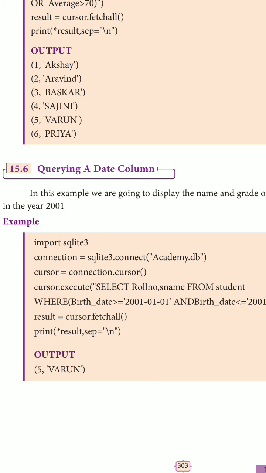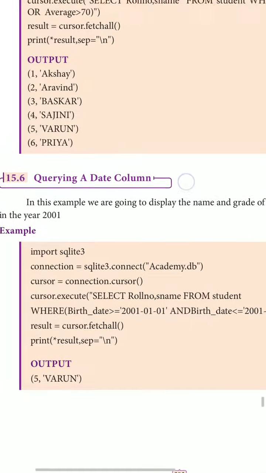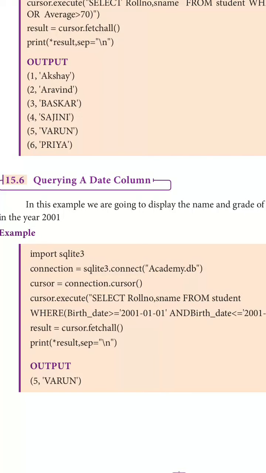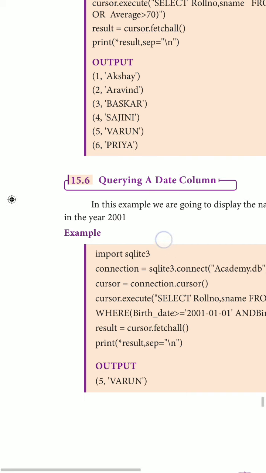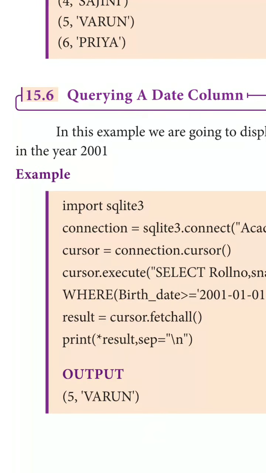So this will show you the student who has the date of birth in between the given values, from January 1, 2001 to December 1, 2001. So this person will be shown in the result.